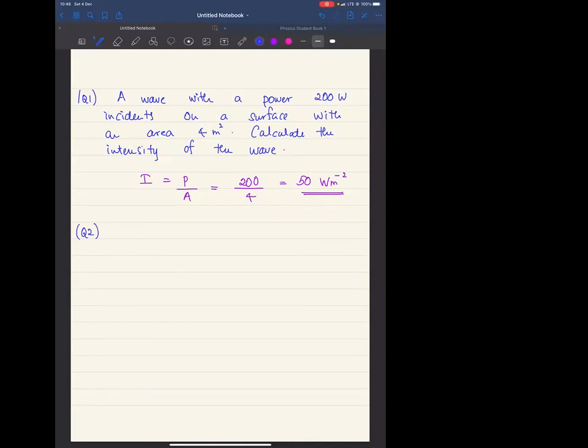Right, the next question. A radiation with intensity 500 watts per square meter passes through an area of 7.5 square meters.